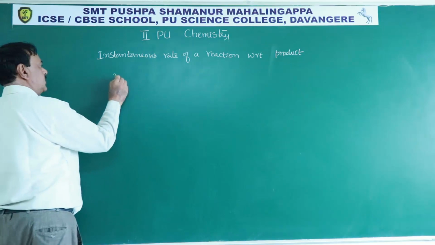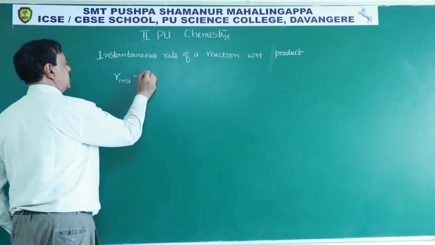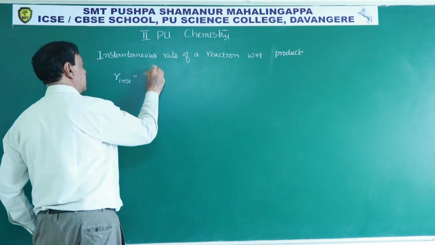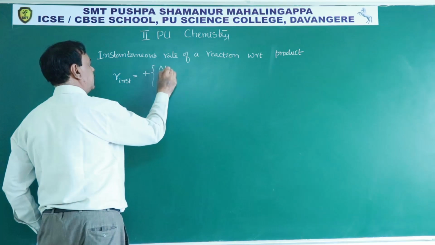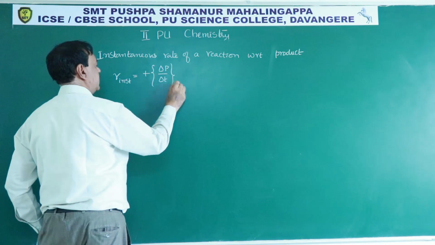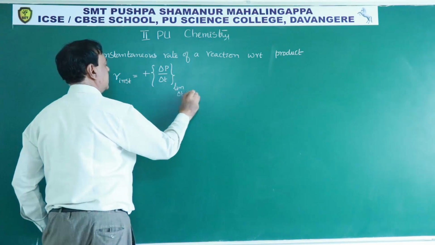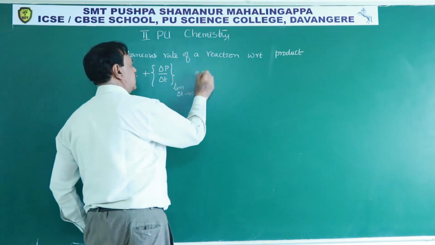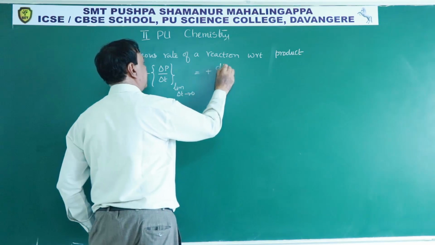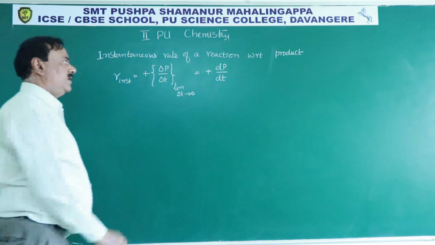That is, R instantaneous is equal to plus delta P divided by delta t, limit delta t tends towards 0. This is given by plus dP divided by dt.